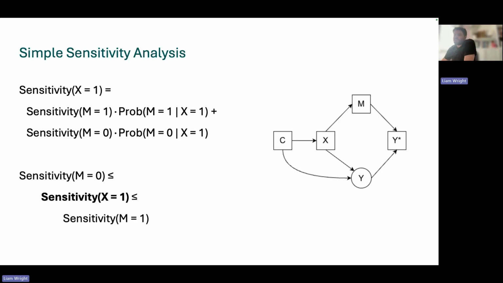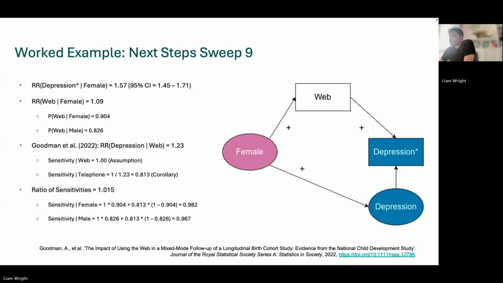So we can note that the sensitivity of the measurement of y according to levels of x would then be a function of the sensitivity according to levels of m and the probability that someone is in a given mode given a level of x. And this is some intermediary value between the sensitivity given m equals 0 or m equals 1.